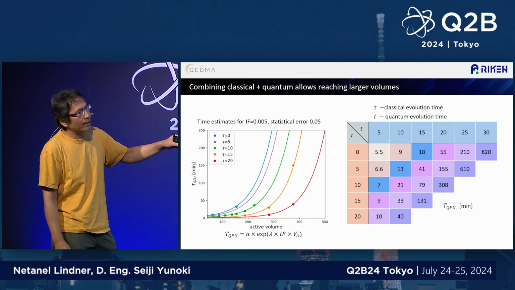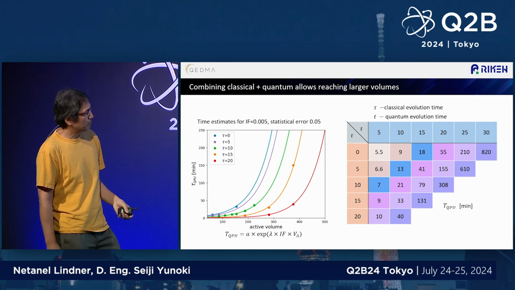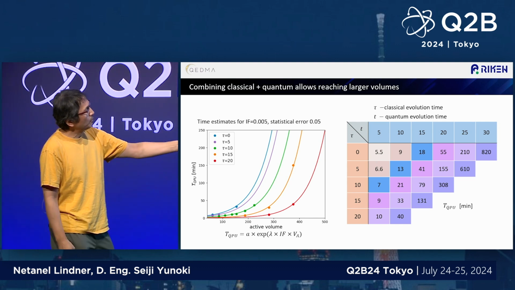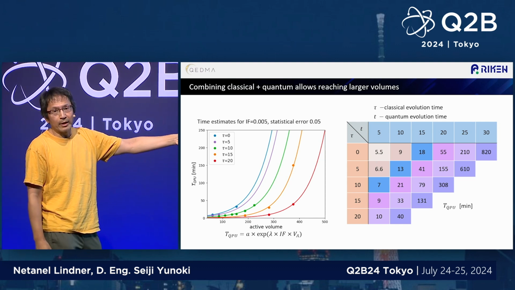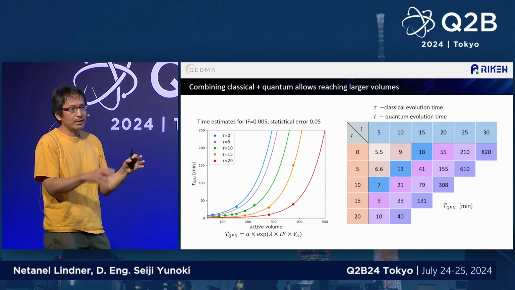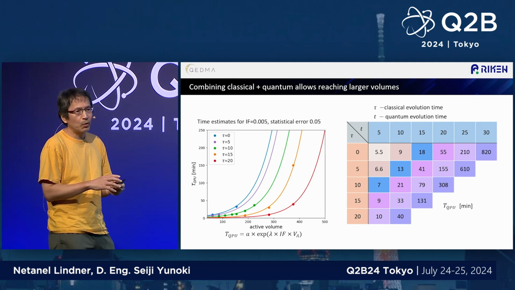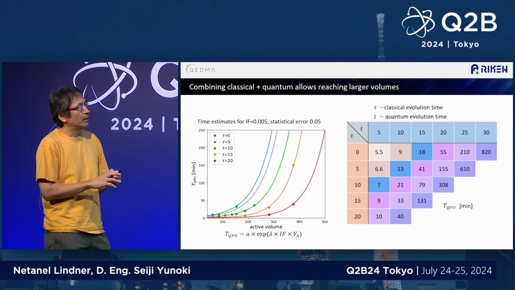Although the required QPU time increases exponentially in both cases, the active volume that enters in the exponent down there reduces as much as what you treated classically, and therefore the required QPU time reduces.